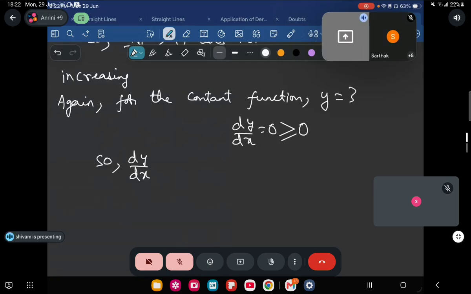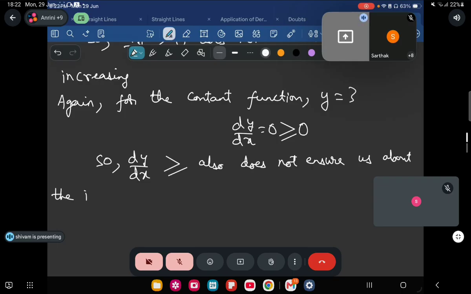Next. So dy by dx greater than or equal to 0 also does not ensure us about the increasing of the function.